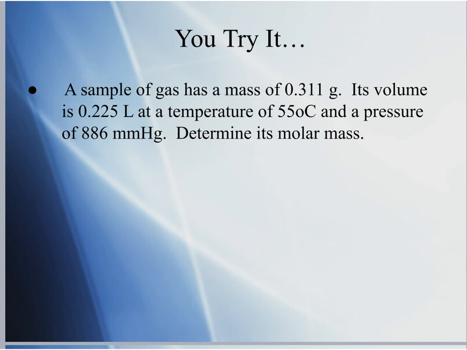All right, as always, here's one for you to try. A sample of gas has a mass of 0.311 grams. Its volume is 0.225 liters, and it has a temperature of 55 degrees Celsius. Turn that to Kelvin first, right? And a pressure of 886 millimeters of mercury. Again, you've got to turn that to atmospheres, right?